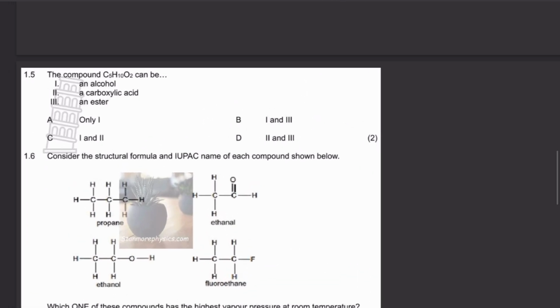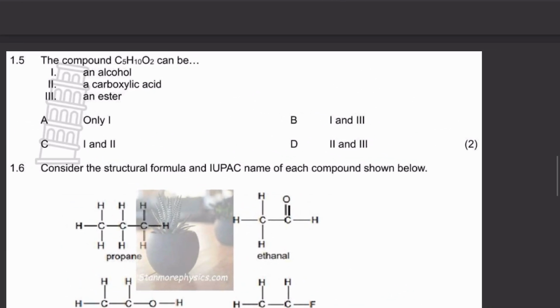Okay, question 1.5. The compound C5H10O2 can be, the options are alcohol, carboxylic acid, ester. So carboxylic acids we know are COOH. There's 2 oxygens there. And esters have something that we can call COO bonds.